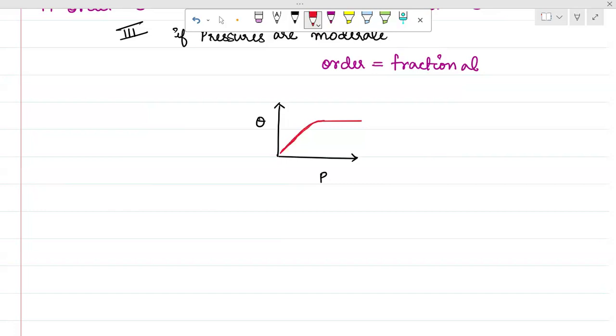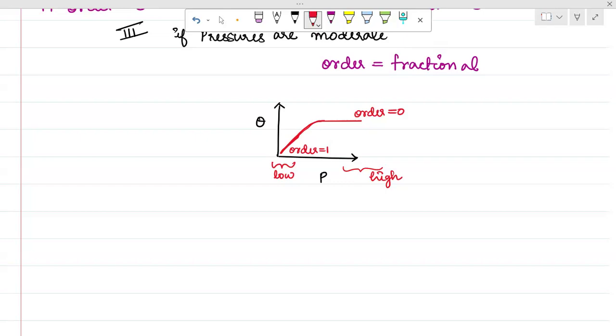That's it. So here, the order is equal to 1. Why? Because in this region, the pressures are low. Correct? This corresponds to low pressure. And here the order is equal to 0. Why? Because the pressures are high. This corresponds to high pressure. And in between you have fractional order. So this is the combined graph, the actual graph.